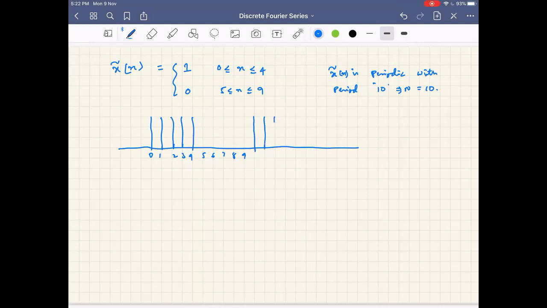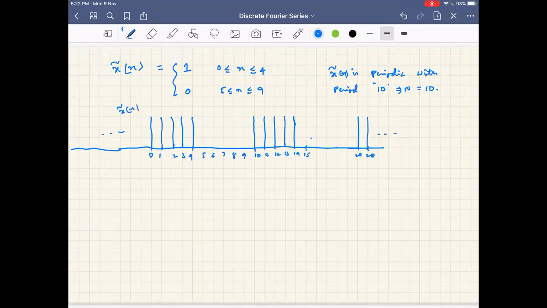I am not sketching it, but it will be the same in this direction. Samples 10 to 14 are ones, 15 to 19 are zeros, and it keeps repeating at 20 again. So this is the signal x tilde of n.